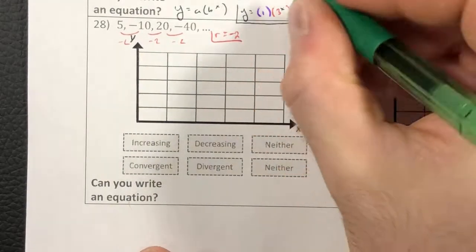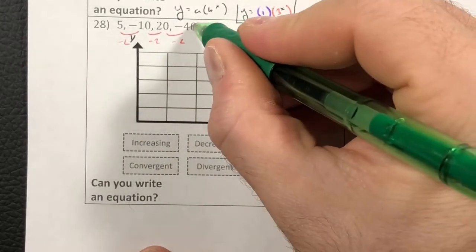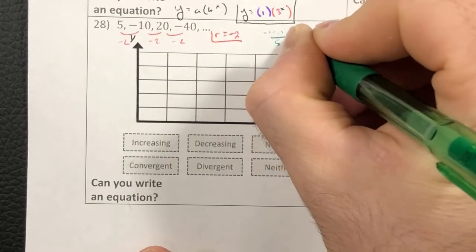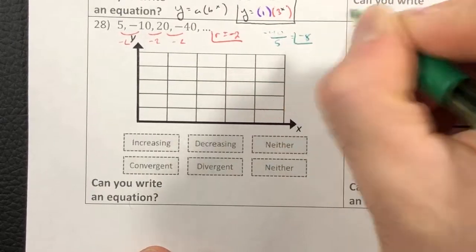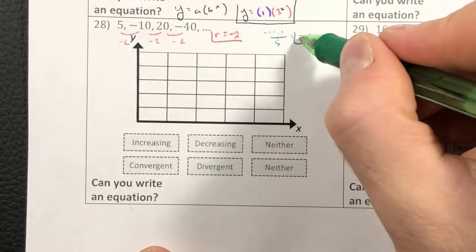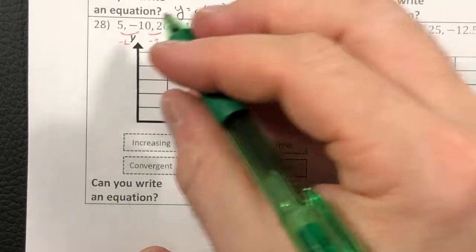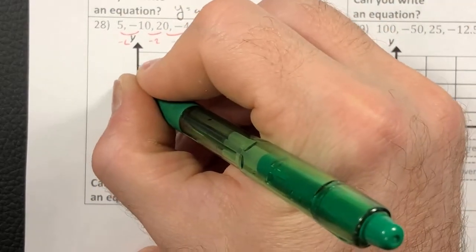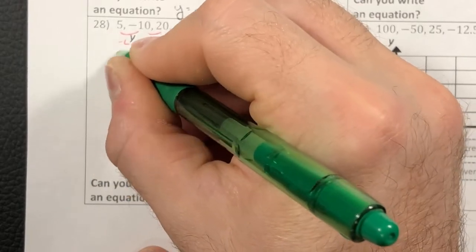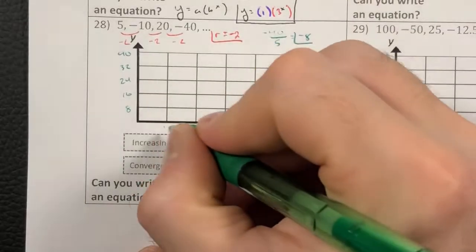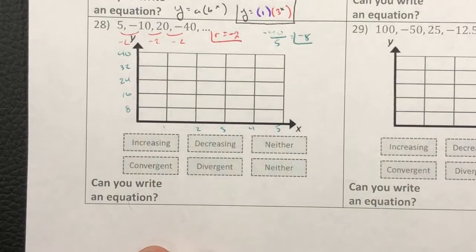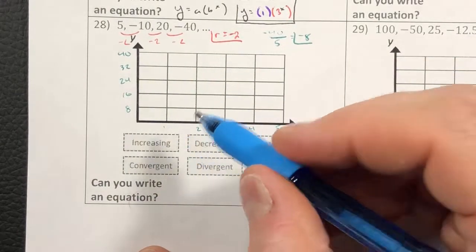The next thing is I'm going to take my largest number, which in this case is a negative 40. I'm going to divide it by 5, so I'm going to get a negative 8, which means in this case I'm just going to deal with 8 up and down. So if I go 8, 16, 24, 32, and 40, 1, 2, 3, 4, 5, we're going to notice our graph does something very strange.